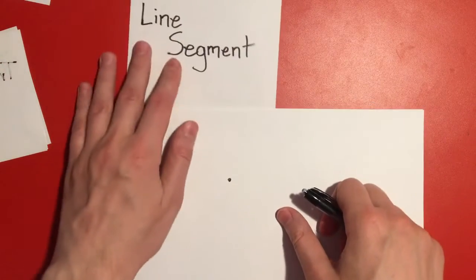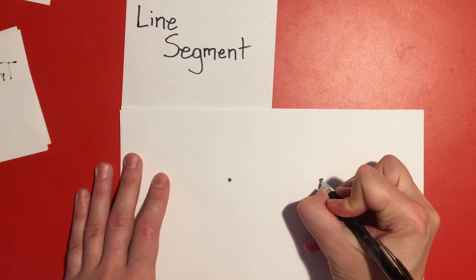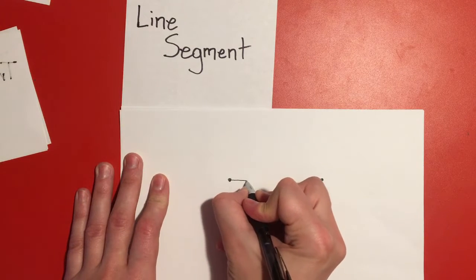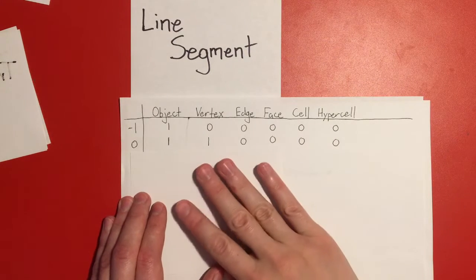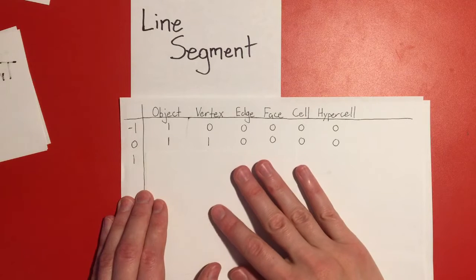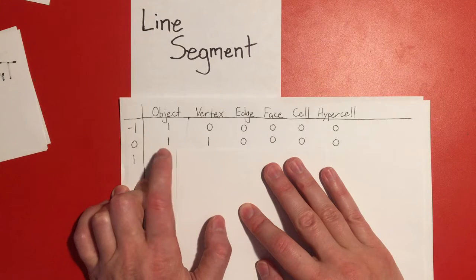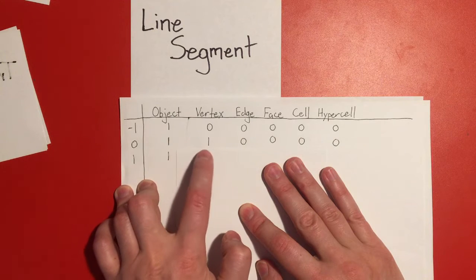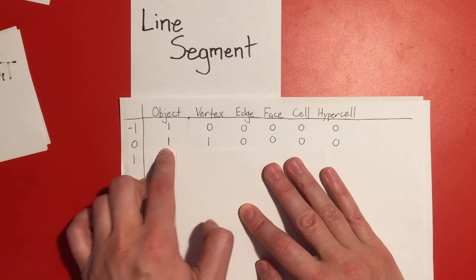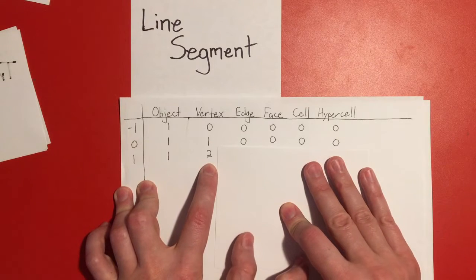Continuing to the next simplex, a line segment. We attach another vertex, joining it with an edge. The line segment is a one-dimensional object. We have one object so far, and since we have one vertex from the point, and we're attaching one vertex for every object, which we have one object, we have 1 plus 1 equals 2 vertices.